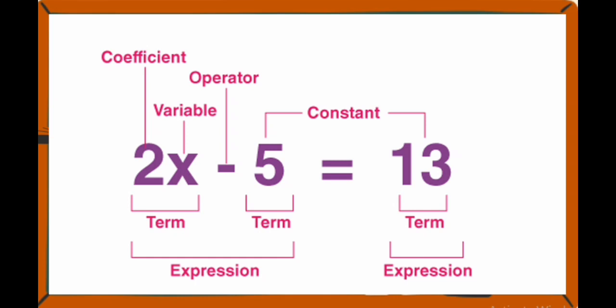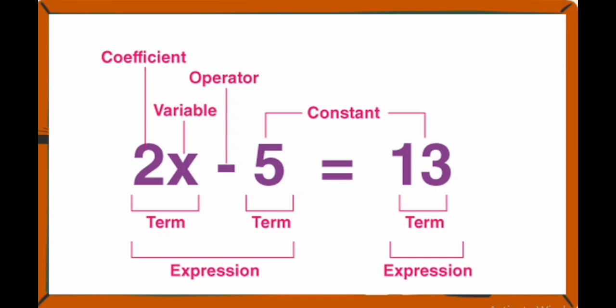Now, this is an expression, an equation expression. 2 is our coefficient, x is our variable. Now, we can have different kinds of operators. It could be plus, it could be minus, division, multiplication, and you have your constants 5 and 13. Now 2x is one term, 5 is another term, 13 is another term.